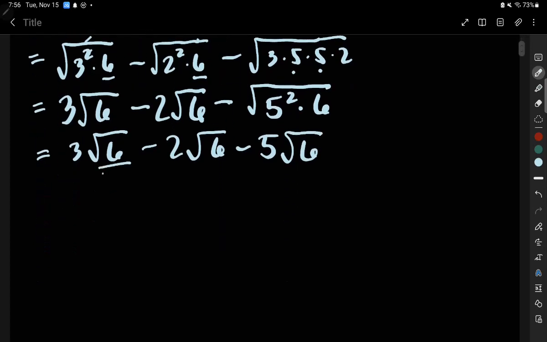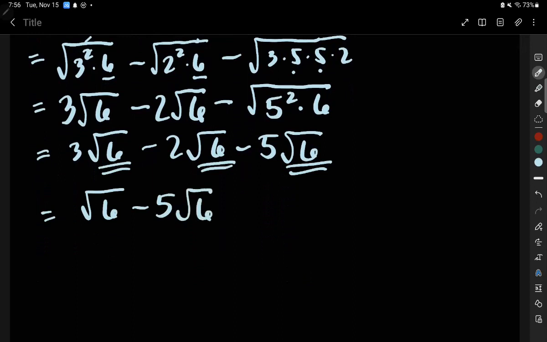Since it's all the same radicals, that means we can combine now. So 3 minus 2 is 1. So 1 square root of 6, or just simply square root of 6, minus 5 square root of 6. So we combine this first, and then combine square root of 6 minus 5 square root of 6.